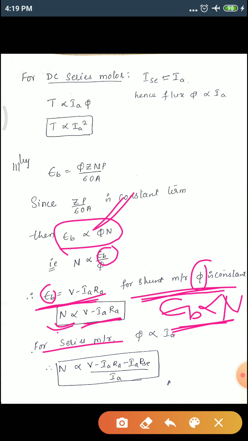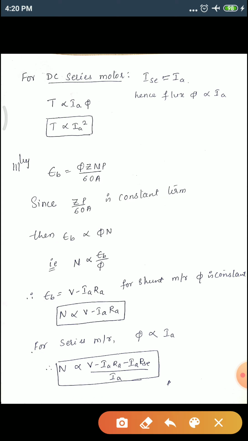Remember all this. And what about the series motor? In a series motor, phi is proportional to Ia. What is the back EMF formula? For a DC series motor, back EMF is equal to V minus Ia Ra minus Ia Rse. This we have seen as the formula for EB. Here you observe, the numerator is the EB formula. Compare with N proportional to EB by phi. In a shunt motor phi was constant, so you directly took EB proportional to N, and replaced EB by N. But N is proportional to EB by phi.